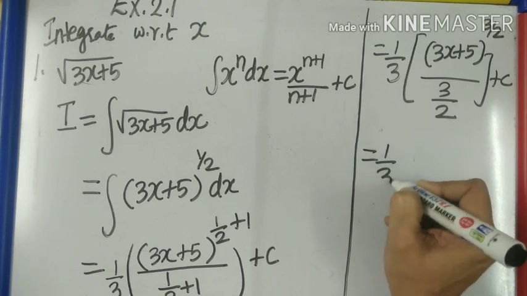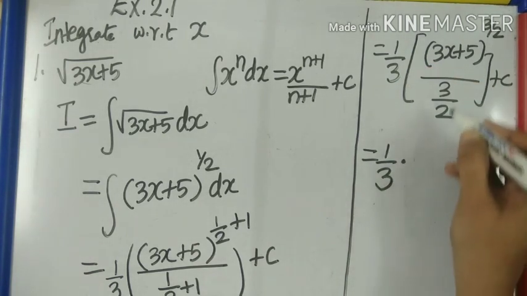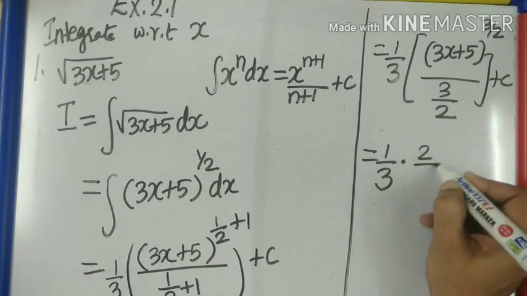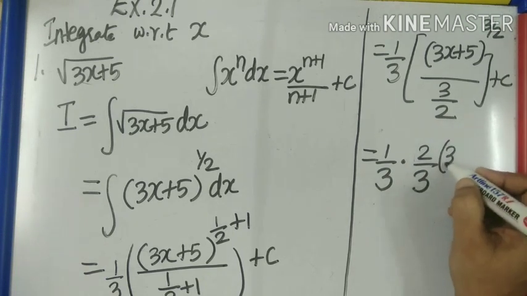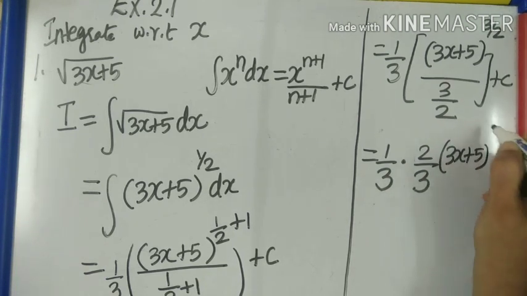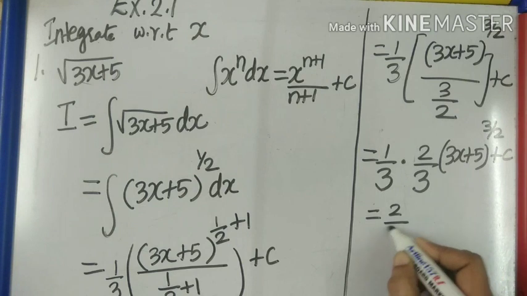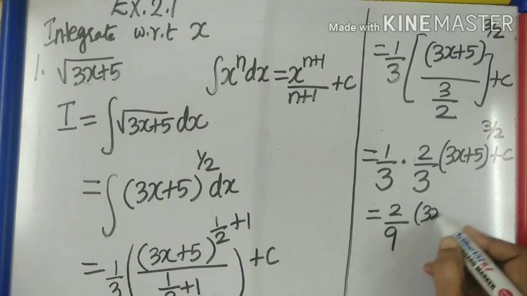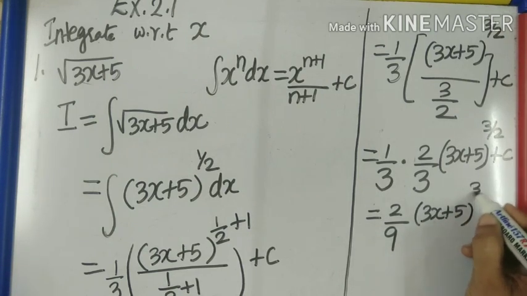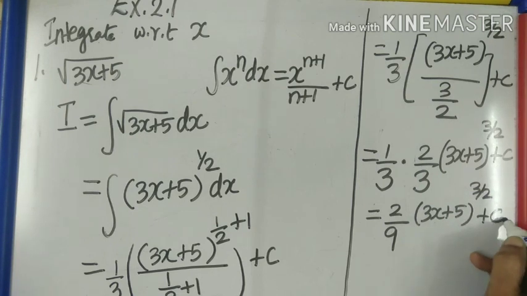So I will write 1 by 3 into 3 by 2 will go as 2 by 3, into (3x plus 5) whole power 3 by 2 plus c. Now this becomes 2 by 9, (3x plus 5) whole power 3 by 2 plus c.